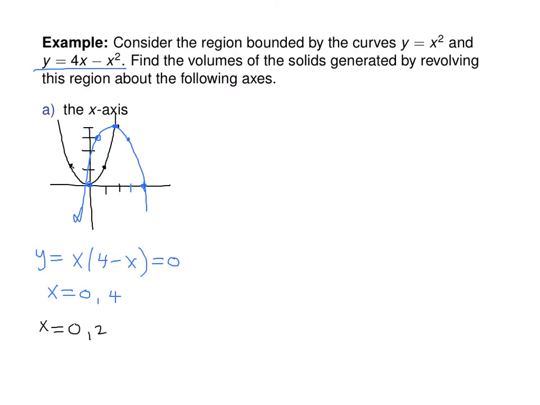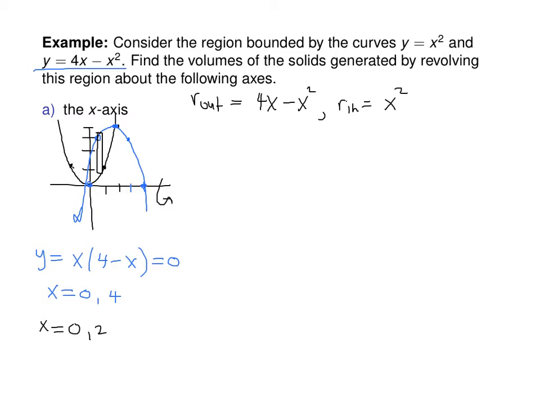Now, I will take the region between the blue curve and the black curve, and we are going to rotate that region about the x-axis. So my slice will look like this. The outer radius in this case is equal to 4x minus x squared, and the inner radius is equal to just plain old x squared.